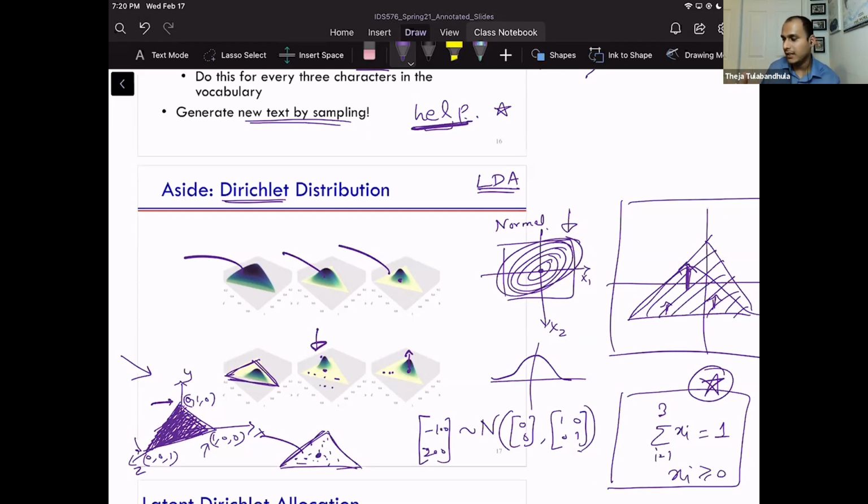It's just that the vector corresponds to a probability mass function. If it's 10 dimensions, I'll get a 10-dimensional vector, but the coordinates are non-negative, and they sum to 1. So whenever I sample from a Dirichlet distribution, I get a vector which always corresponds to a probability mass function. That's all we need to know from this slide.